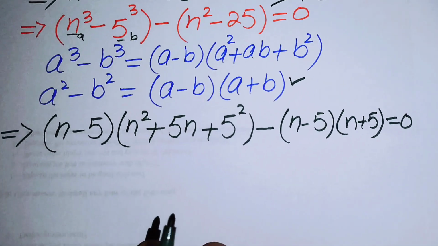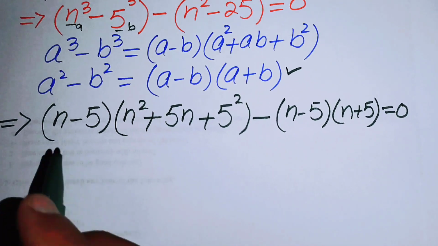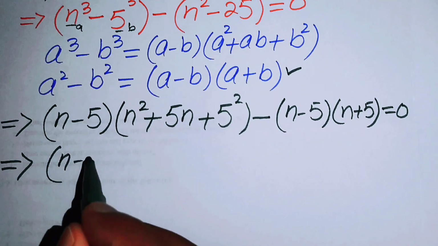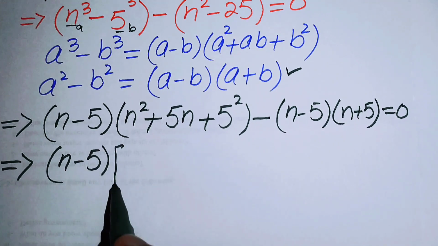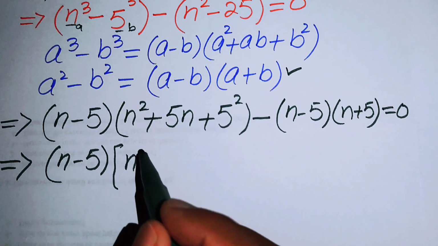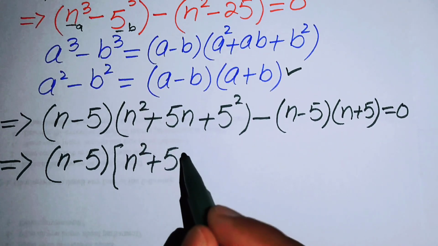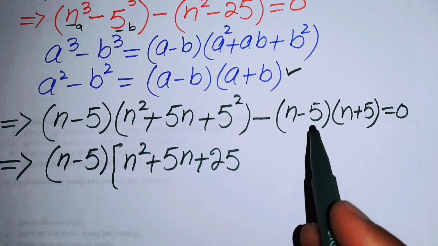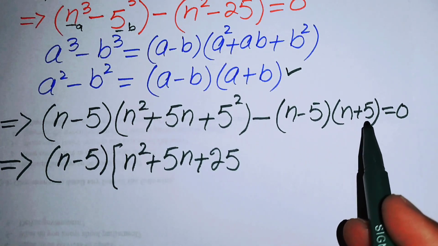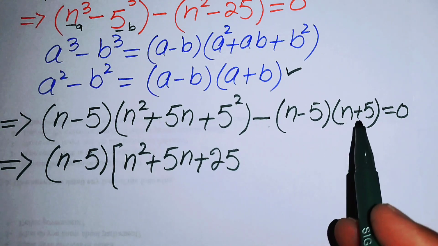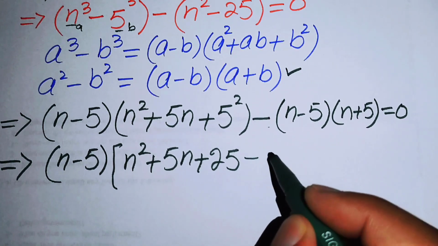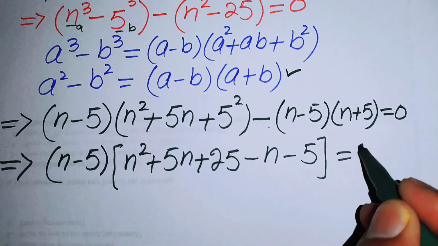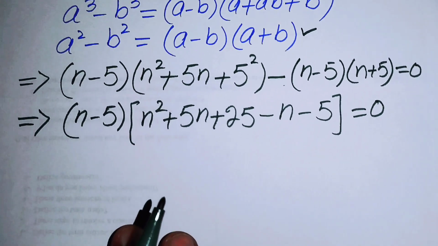And now you can focus on both of the terms, and you see that n minus 5 is the common term, so we get n minus 5 times n squared plus 5n plus 5 squared, which is 25, minus n plus 5. Here we take n minus 5 common, and when we multiply the minus on both terms, you get minus n minus 5 equals 0.